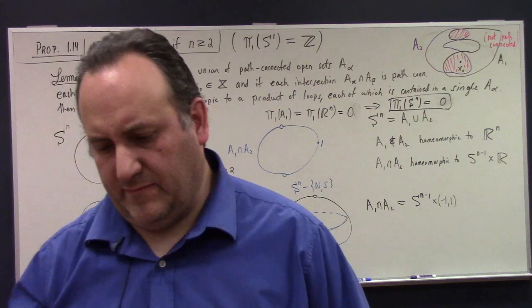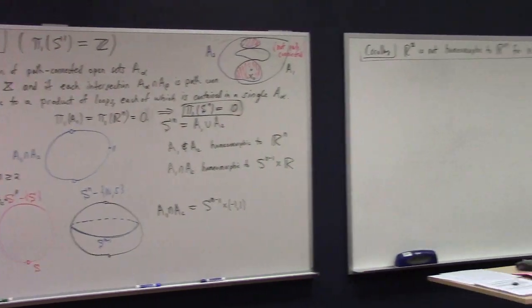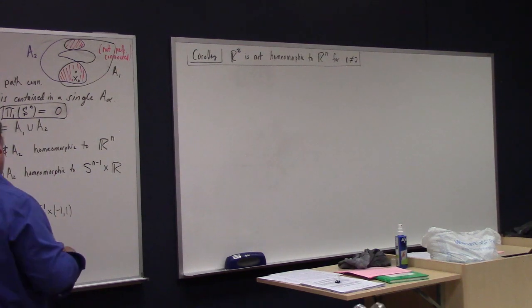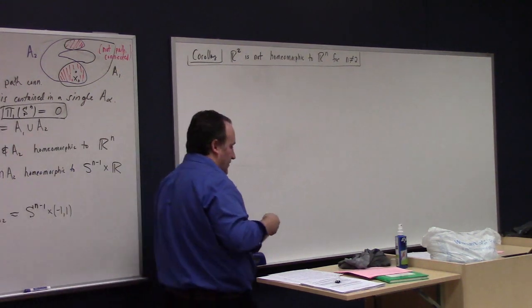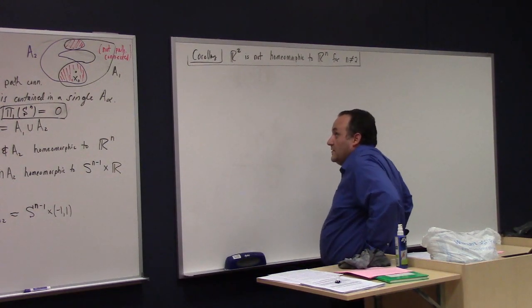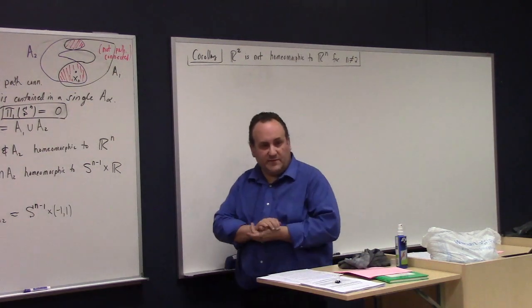Do you guys remember that from topology? If you take a point away from the space and you take a point away from the other space and you can show that those are not homeomorphic, then the original spaces are not homeomorphic as well?